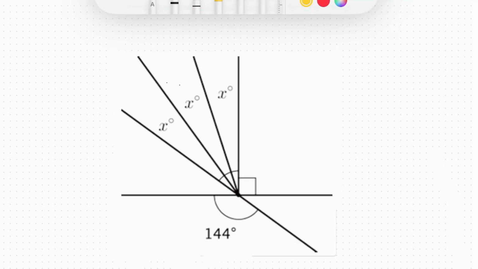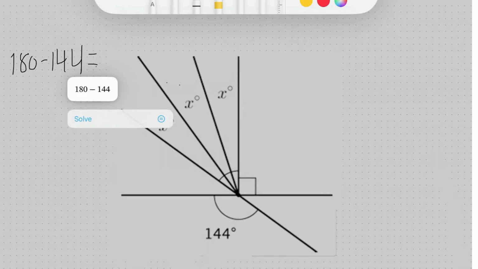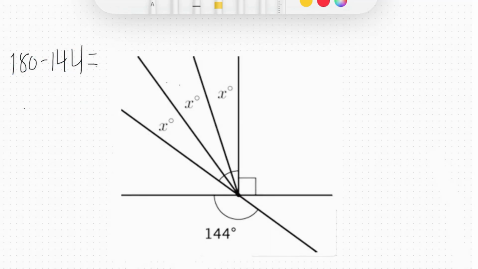And since we know that in a supplementary angle the 2 numbers need to add up to 180, then this angle or this angle, added to our current 144, have to equal 180. So we can do 180 minus 144 equals, well, what does that equal?